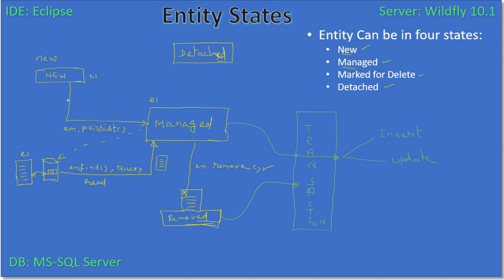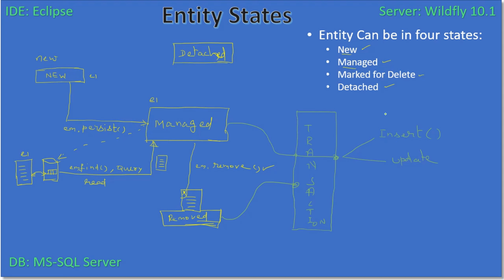Now let's say we created a new instance, then we are making a call to persist. So the entity will be in the managed state, and when the transaction commits, the JPA will issue an insert command.